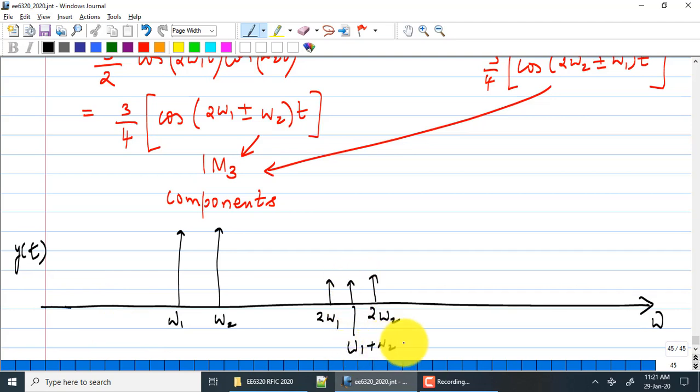Where does omega 1 minus omega 2 lie? Very close to DC. At delta omega actually. If this was at delta omega, you will get a component there. So remember that this is delta omega. Okay.